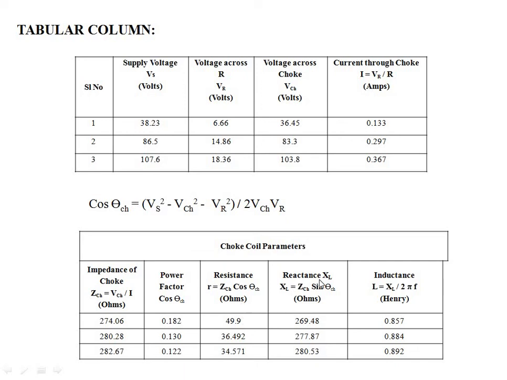Next we compute the reactance XL, which is given by ZCH into sin theta CH. And finally another choke coil parameter, that is the inductance, is got by the formula L is equal to XL by 2 pi F.